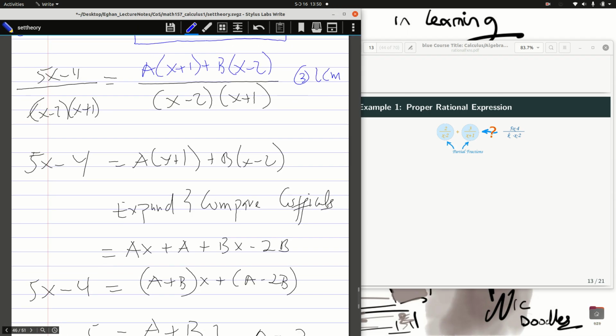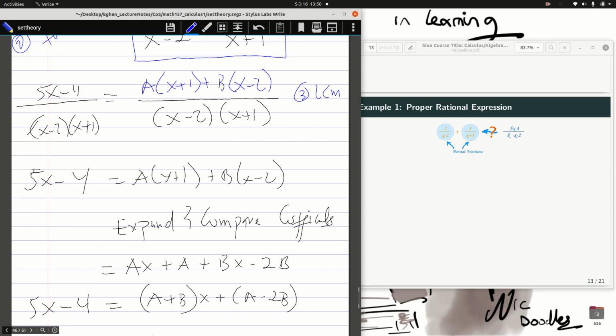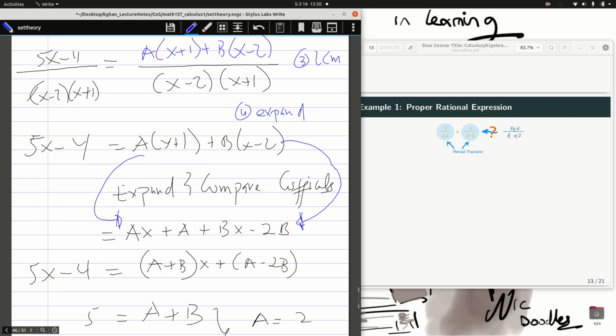When I find the LCM now, I can expand and simplify. Step 4, I expand. When I expand this, this will lead me to ax plus a, and then this leads me to bx minus 2b. These are simple expansions. Then I can compare the coefficients.